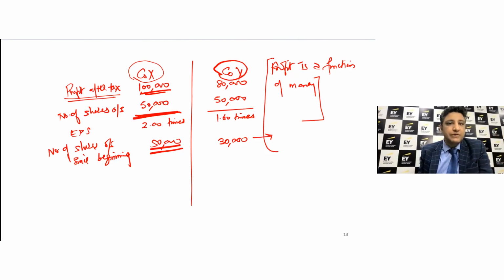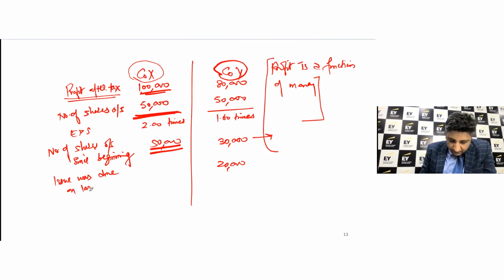As far as the remaining 20,000 shares are concerned, let us say this issue was done on the last date. You issued 20,000 shares, but at the end of the period.